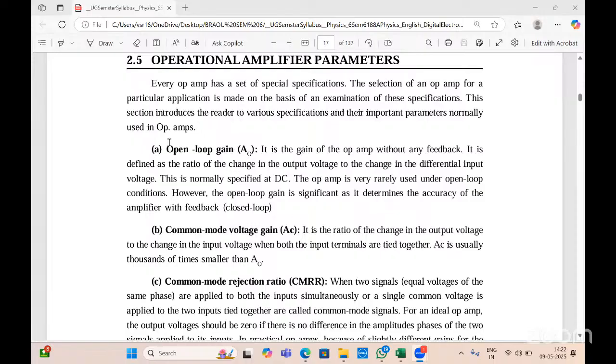So A naught is the open loop gain. Common mode voltage gain AC: the ratio of the change in the output voltage to the change in the input voltage when both the input terminals are tied together.